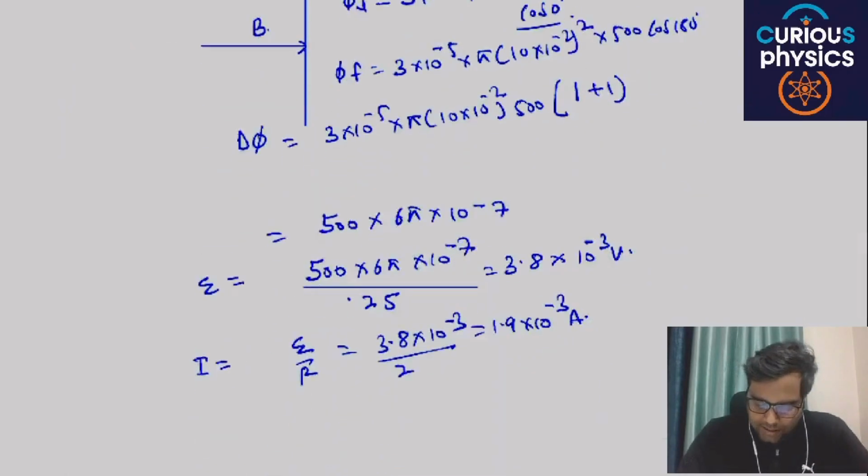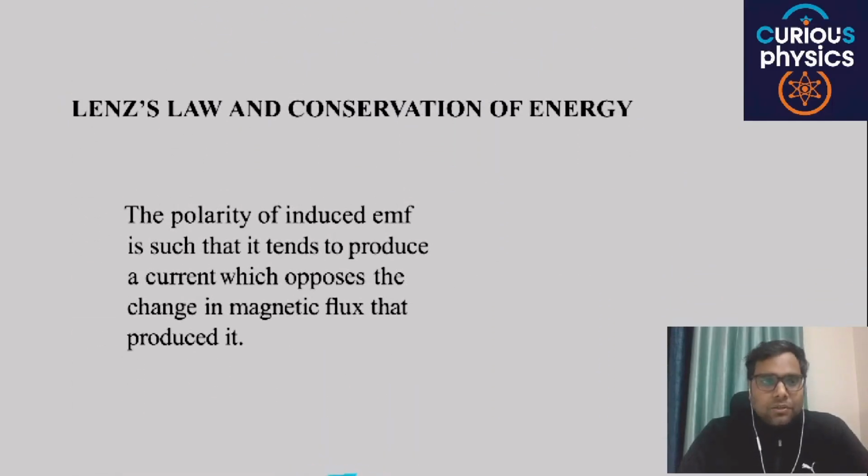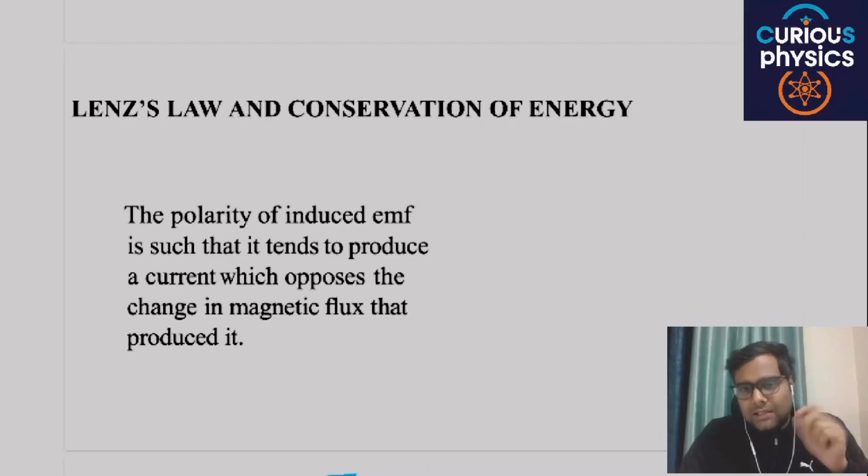Okay, so next is Lenz's law. What we have discussed above is how to find the magnitude of induced EMF. Here the focus is on the direction of induced current as well as induced EMF for potential difference.